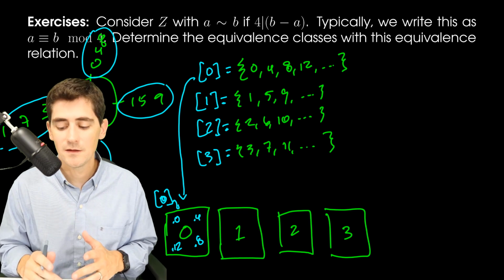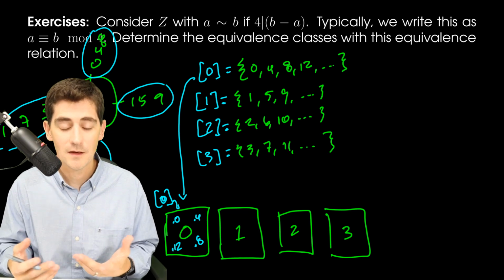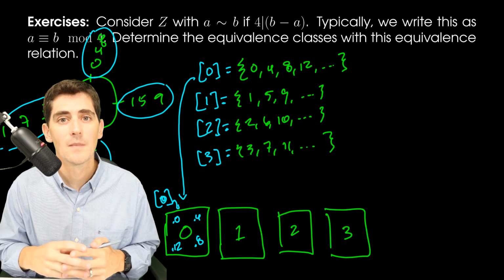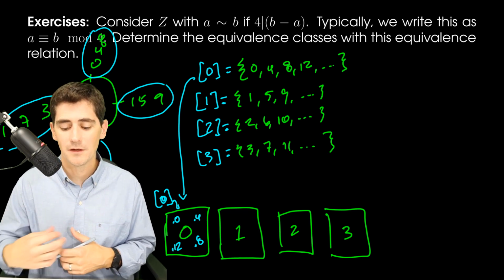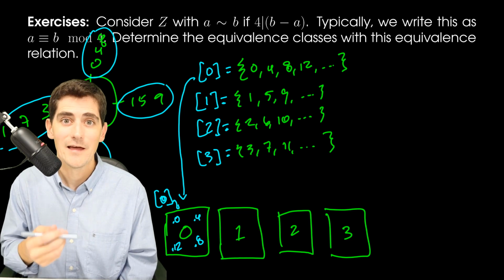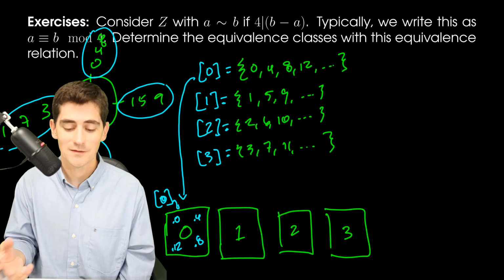For this reason, we say the equivalence classes partition my set, in this case the integers, meaning that nothing falls in more than one category, and everything does fall in a category. And now I can treat my equivalence classes as the object, not the things in the box. Does that make sense? I hope it makes sense.